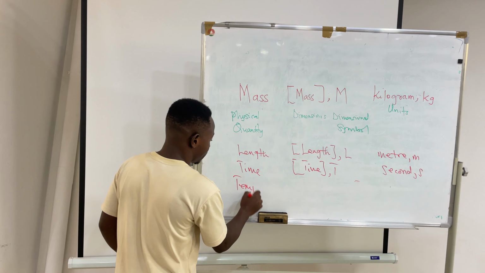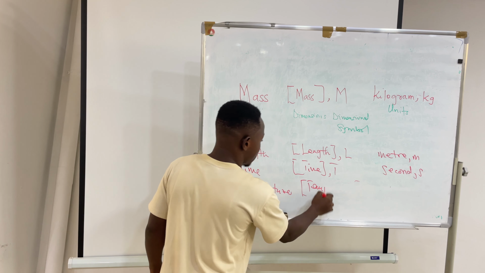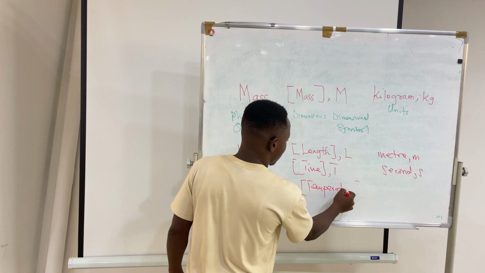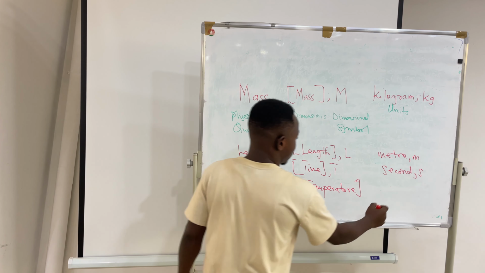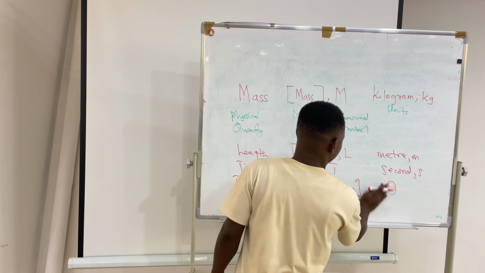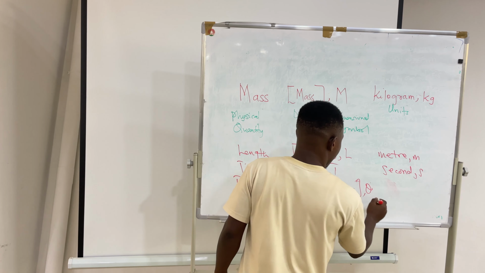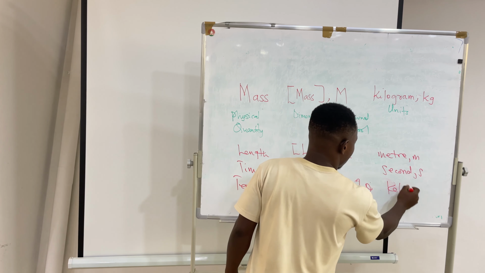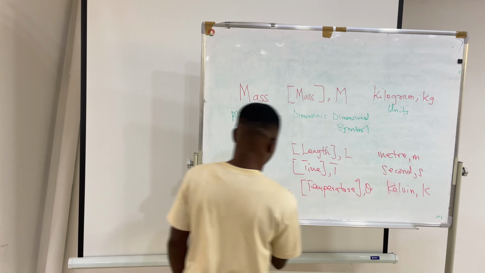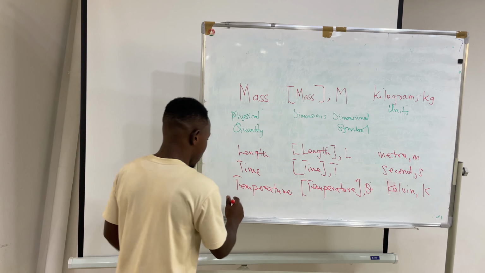Then temperature. The dimension of temperature is theta, and the unit is the kelvin, K. And then we have the amount of substance.